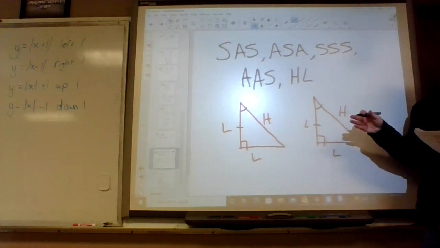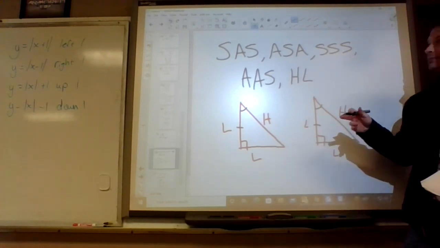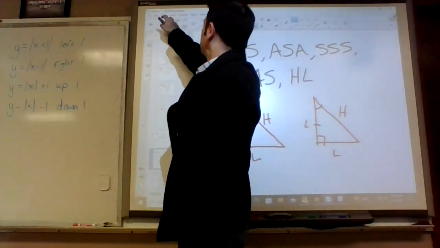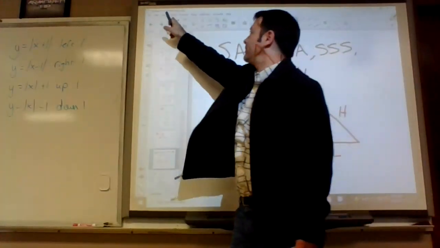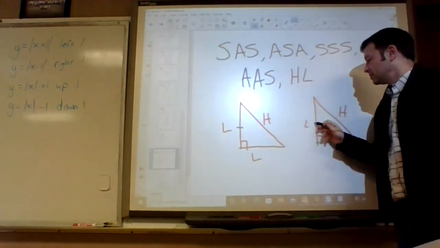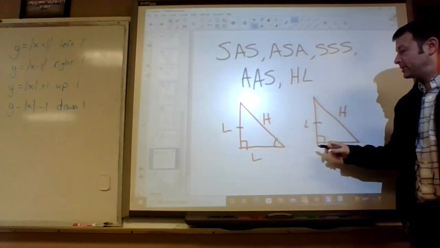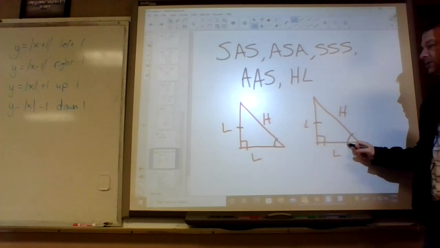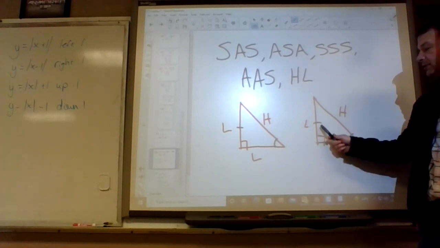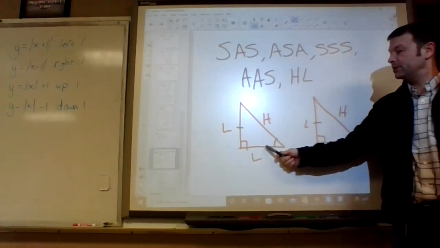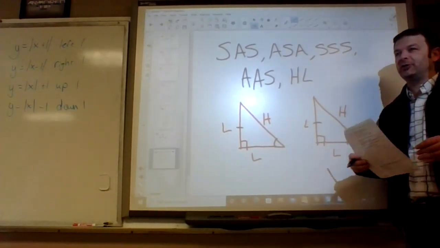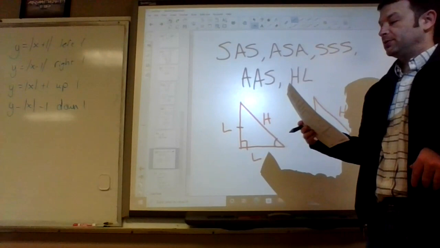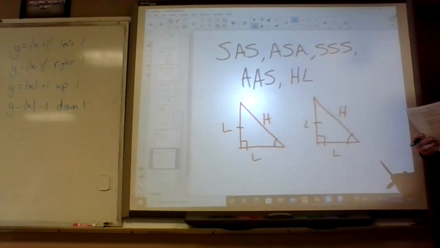So that's one of the answers for C. But also it could have been this angle down here in this corner. In that case, what do we have? Angle, angle, side. So C actually has two answers. Could have been angle, side, angle, or angle, angle, side.